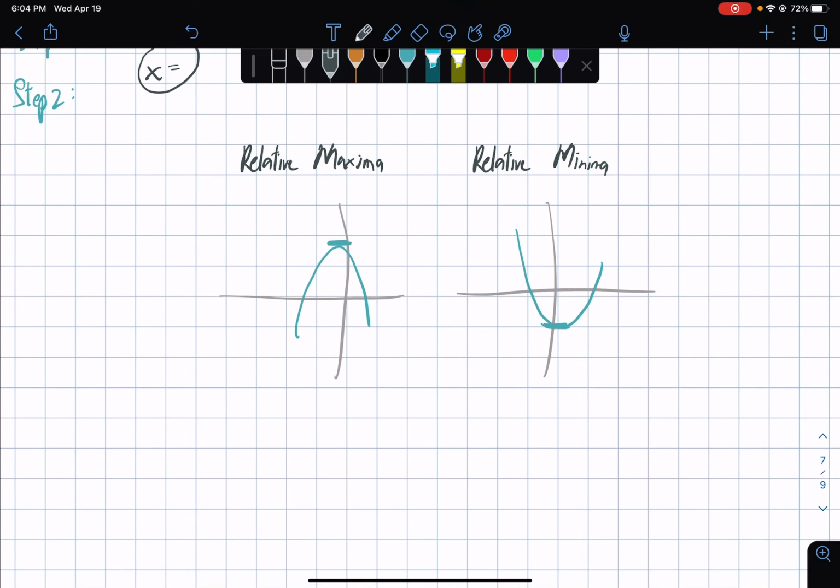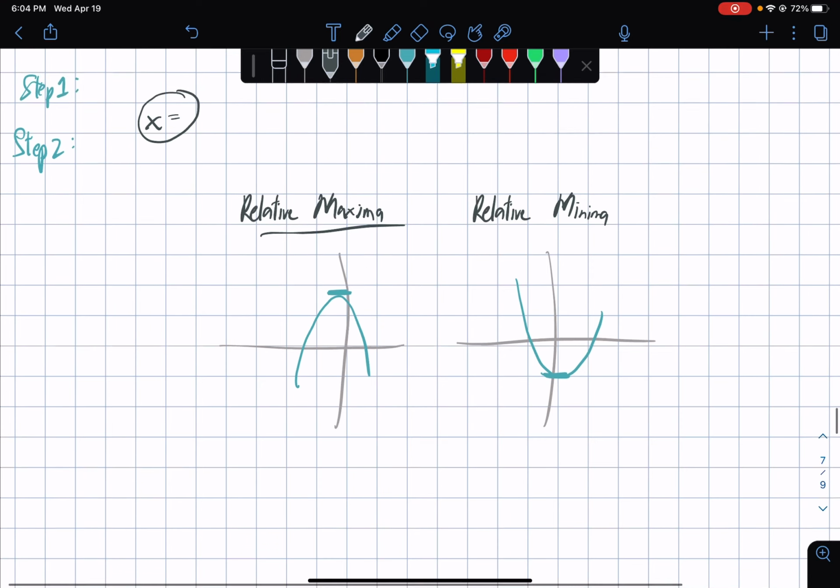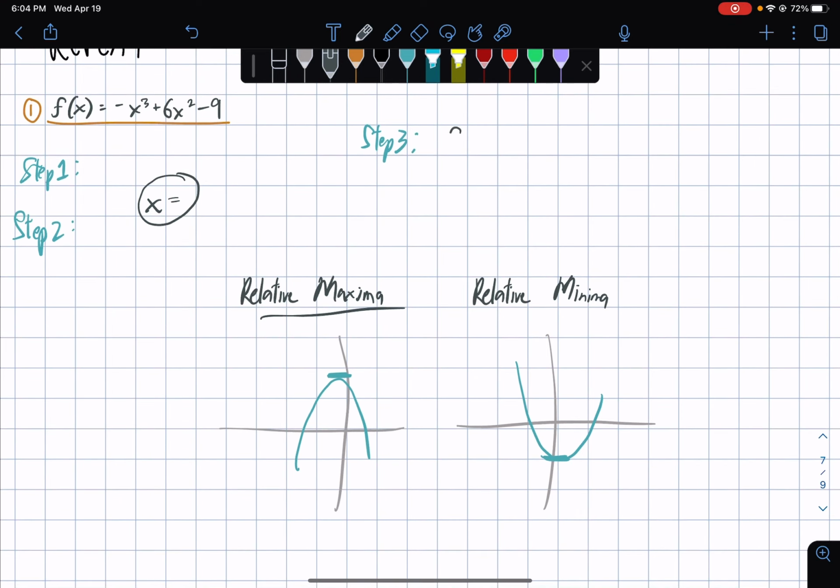how I remember it. For relative maxima, in the given sign chart, something that you will be making in step 3, this is called the sign chart. Basically, let's say this is the f of x, and we have our test points here, x equals something, x equals something.